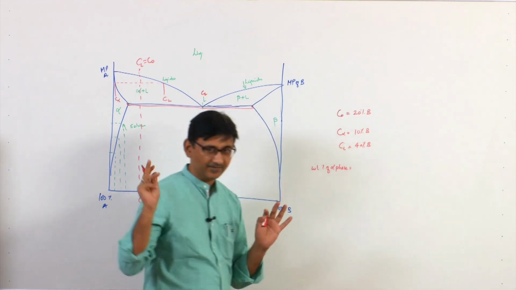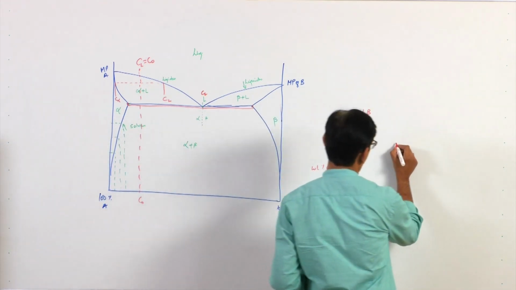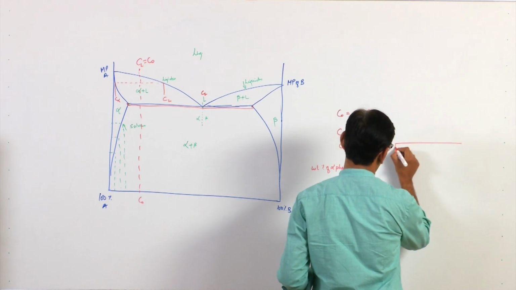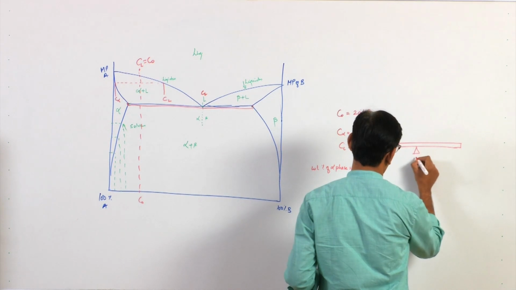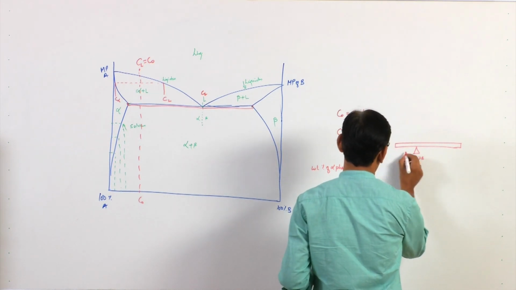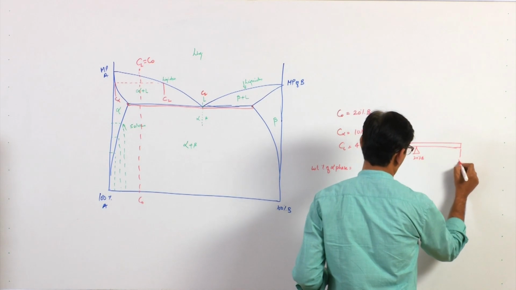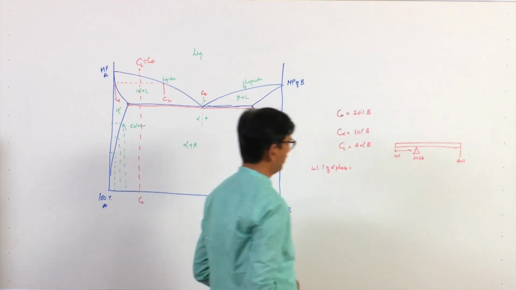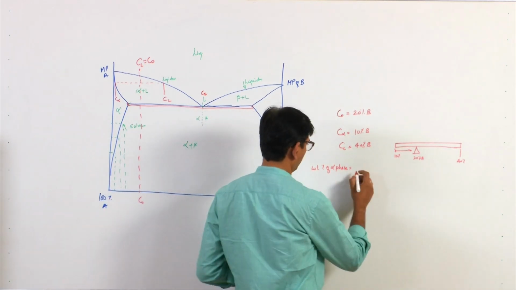Again we will use the lever rule here. This is my lever arm, the fulcrum is at 20% B, and this is at 10%, this is at 40%. So I have the compositions, and I will use them.